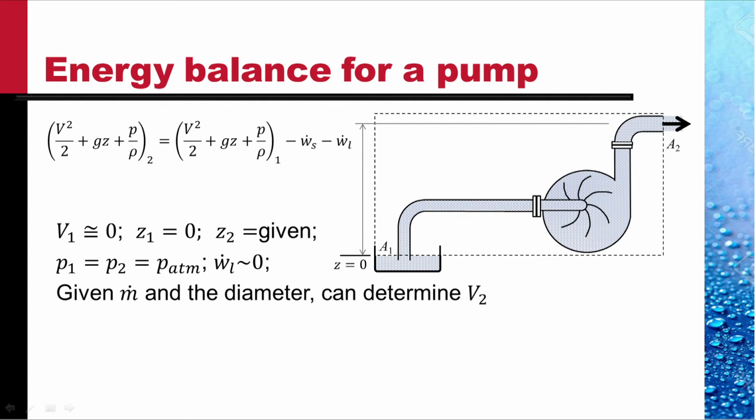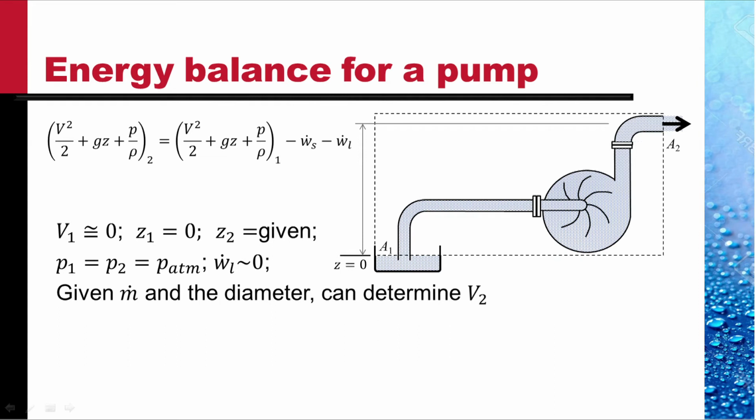Z1 is taken to be 0. We define the datum there. Z2 is given. We know the height to which we are pumping water. P1 and P2 are both P atmospheric. Let's neglect the losses.